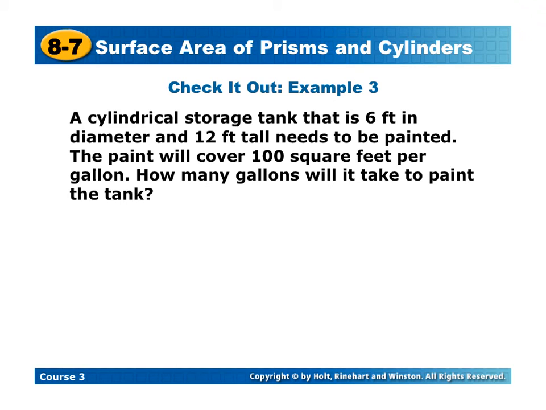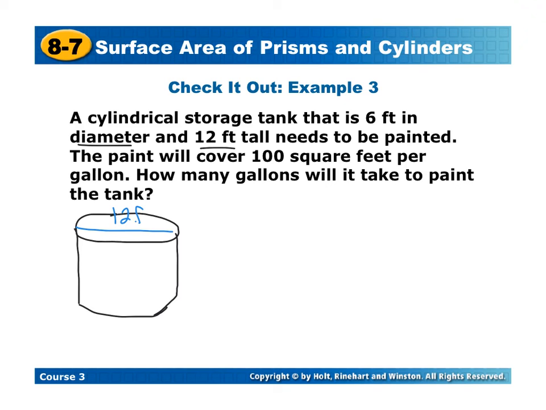Since we're talking about painting the tank, we need to know the surface area. So once again, if I start just with that model or that visual. Okay, so when I look here, once again, they're telling us the diameter is 12 feet and the height, oops, so the diameter is not 12 feet.